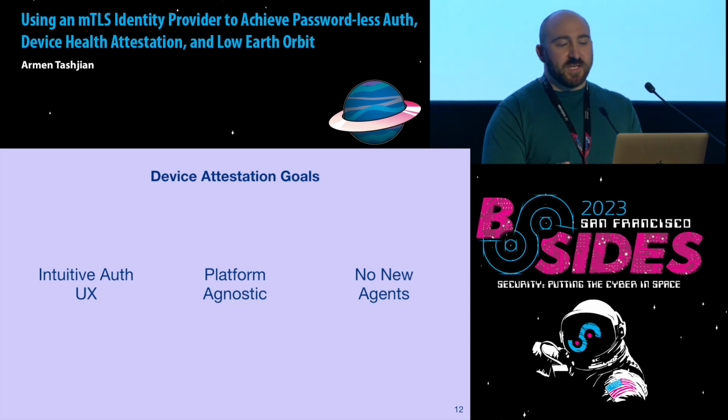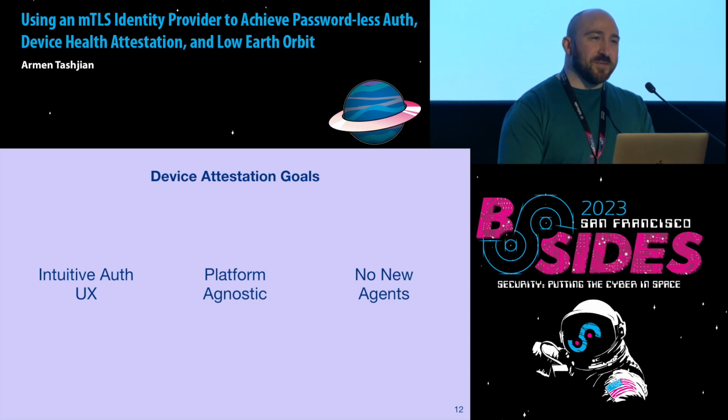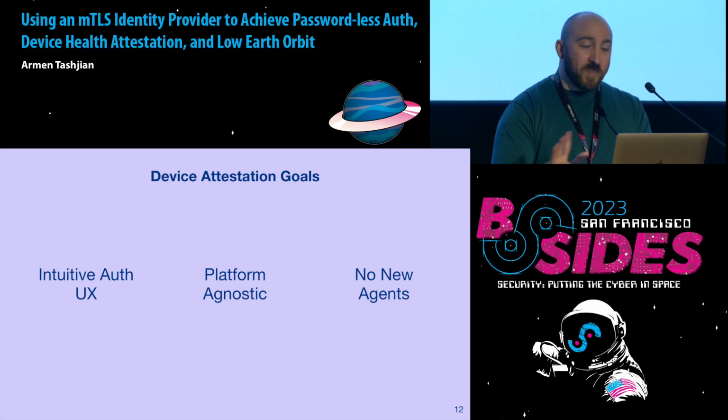We wanted something that was platform agnostic. We wanted to support all of the existing platforms that we support at Pinterest today, which includes macOS, Windows, Android, and iOS. And we wanted to do this in a way that didn't require the use of any new agents. We didn't want to write our own iOS or Android apps to support this.